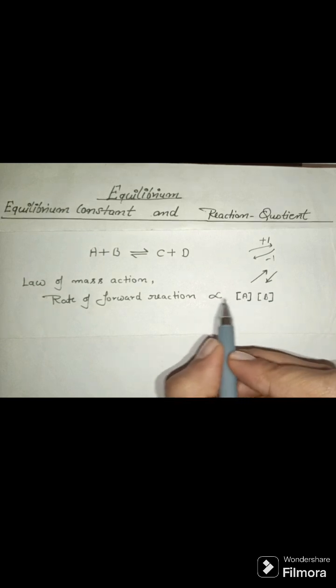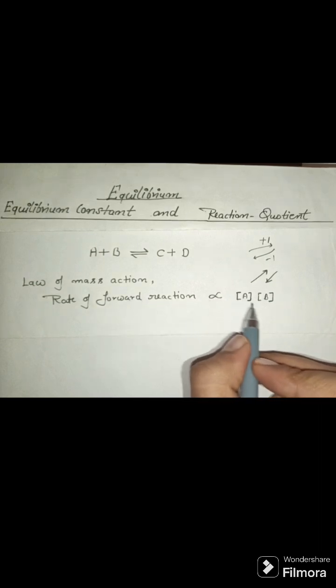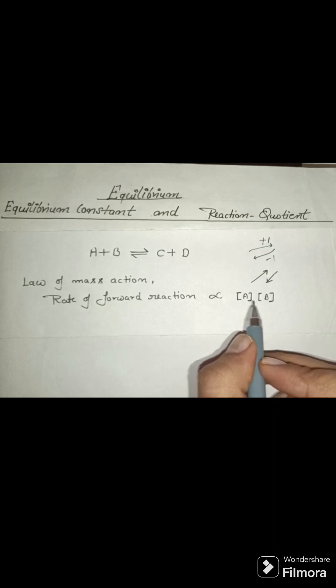But for now, you need to understand the rate of the forward reaction is directly proportional to the concentration of reactants, and in the same way, the rate of the backward reaction is directly proportional to the concentration of product. We'll write it as RF and RB.